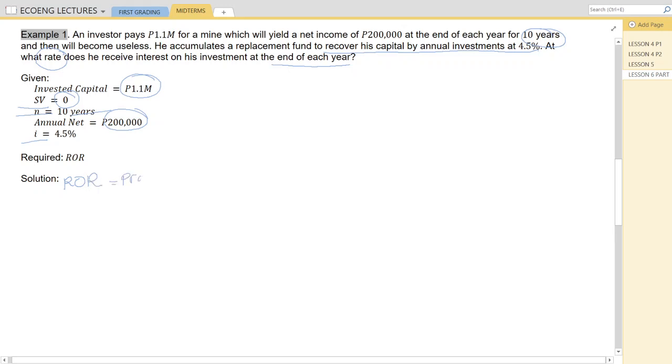So for the solution, the formula for the rate of return is equal to profit divided by the invested capital. The profit is equal to the annual net income minus the annual depreciation.